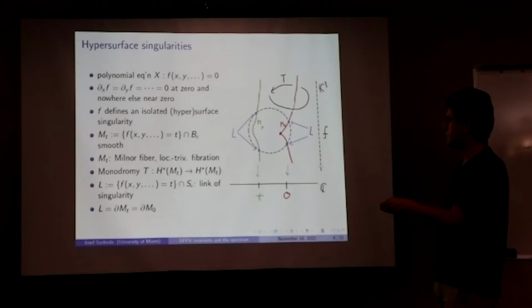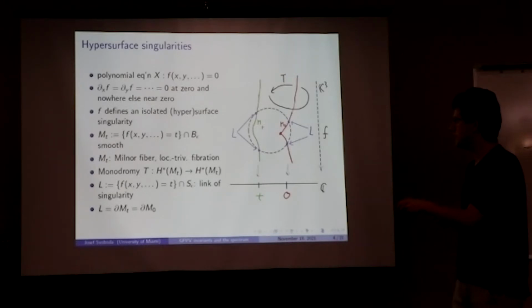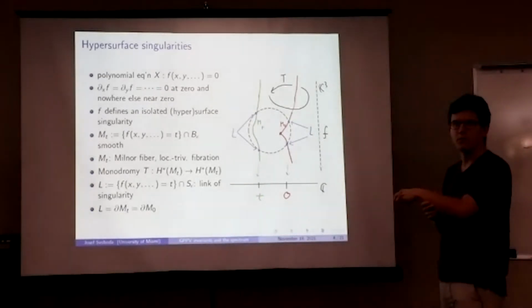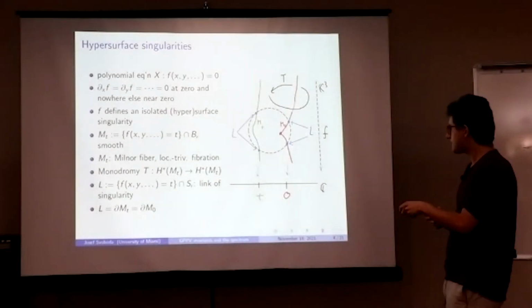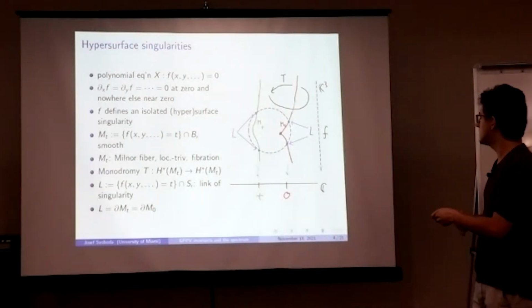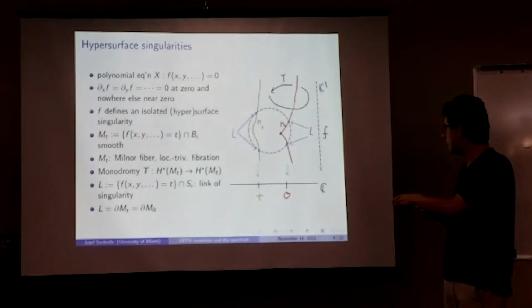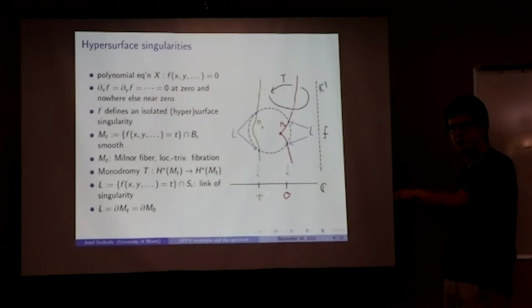And moreover, it is not just a smooth manifold, but we can consider it in all nearby points, and it gives us, by a theorem of Milnor, a smooth locally trivial fibration of open four manifolds. So this is very nice because it gives us a monodromy transformation. So we can go around the loop, around the zero.